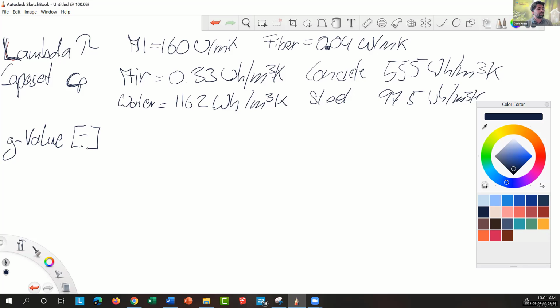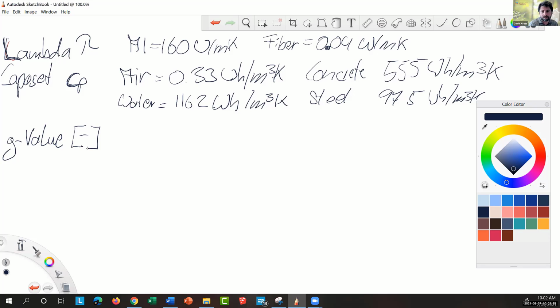It's just telling us how much of the solar radiation is coming through our glazing. And we always want to have our G value only related to the glazing. We don't want to use a solar heat gain coefficient that includes the frame. This is completely giving us wrong results. So we really want to make sure it's the value of the glazing and not of the overall window, because otherwise we're coming to the wrong results.